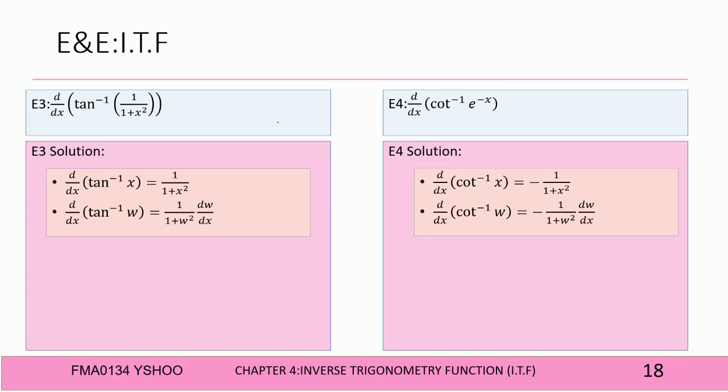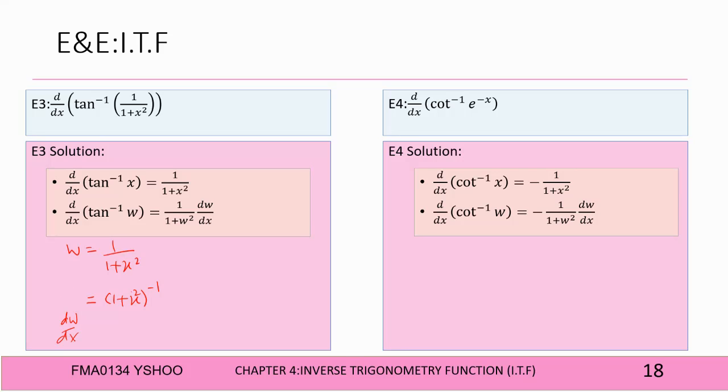Then this one is a little bit lengthy, but the thing is still the same. Our w is 1 over 1 plus x squared. If you want it easier to differentiate, just bring our 1 plus x squared up with the power of -1.